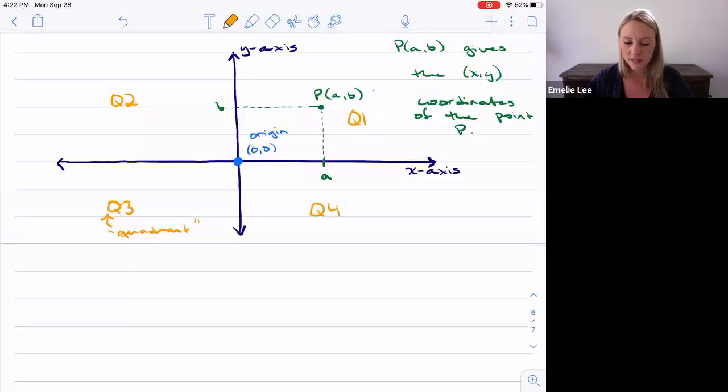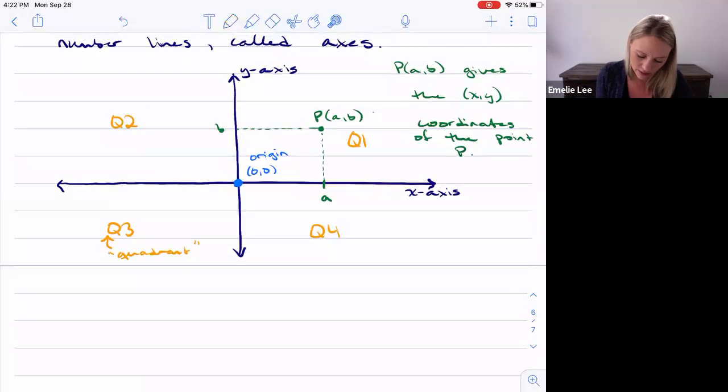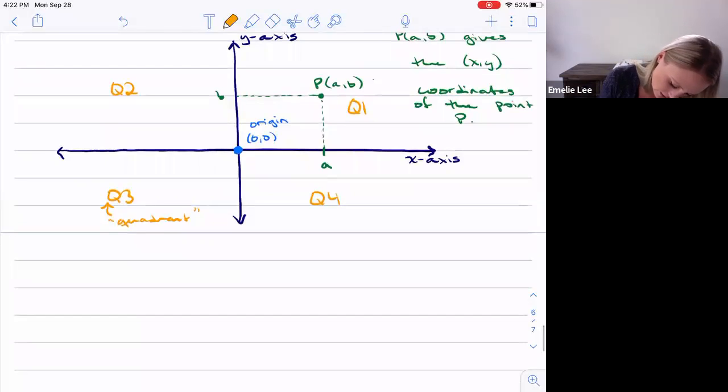So if I tell you that something is in quadrant 3, then what I'm telling you is that your x's are all going to be negative and your y's will also be negative. In Q3, both x and y will be negative.